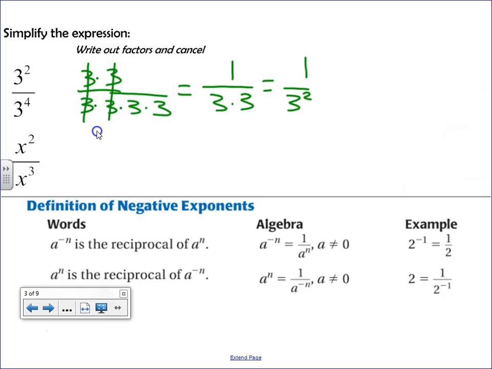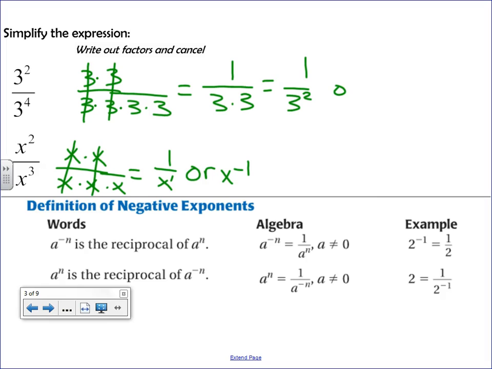And in the next example, we have x times x over x times x times x. Factors of 1, so 1 over x to the first power. And we can rewrite these. 1 over x to the first is the same as x to the negative 1. 1 over 3 squared is the same as 3 to the negative 2, because we're dividing by 3 2 times.